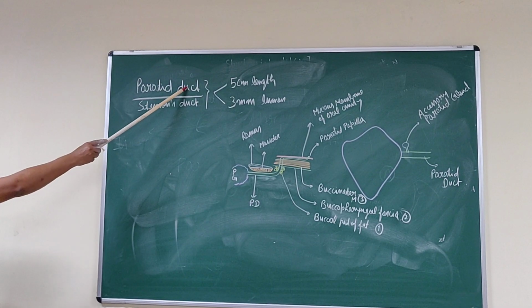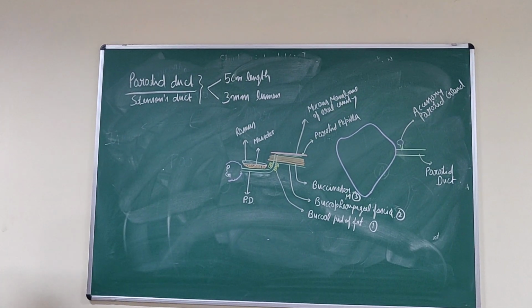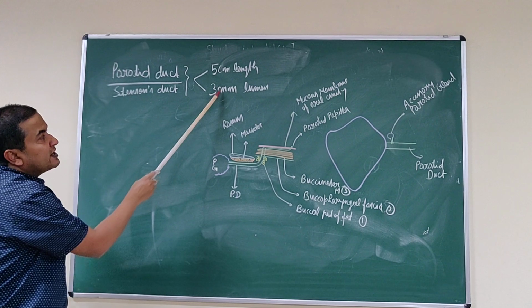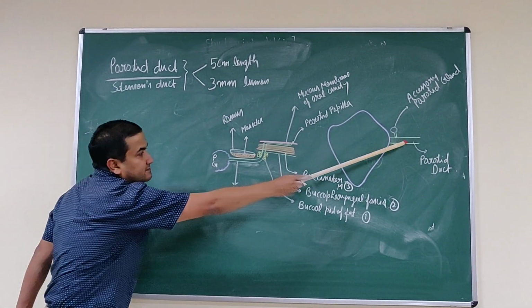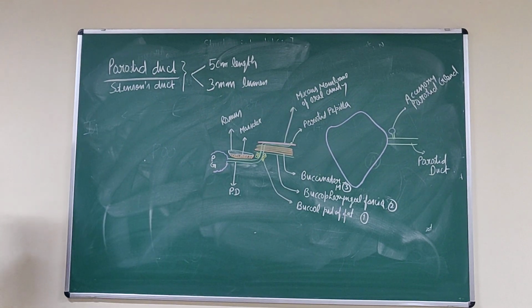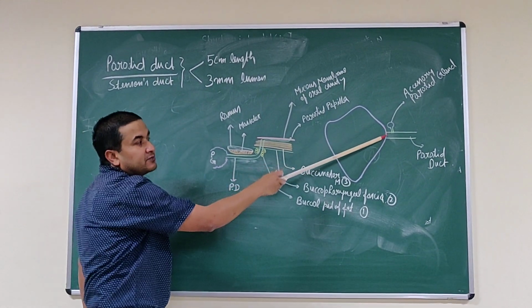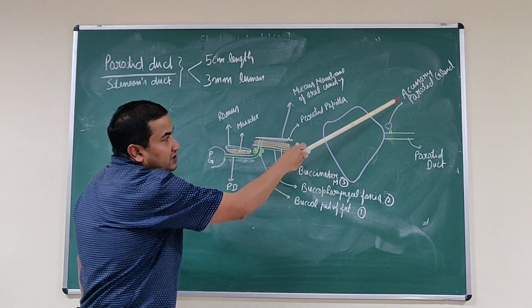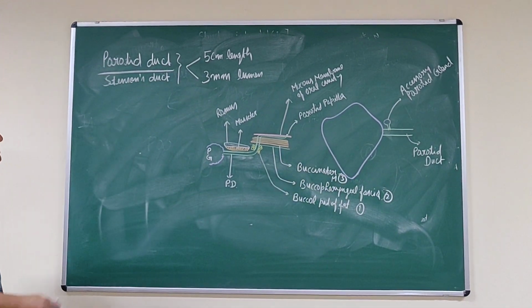Parotid duct. This parotid duct is also known as Stenson's duct. This is about 5 cm in length, and its lumen diameter is about 3 mm. In this diagram, it emerges from the anterior border of the parotid gland between the zygomatic arch and the angle of the mouth.